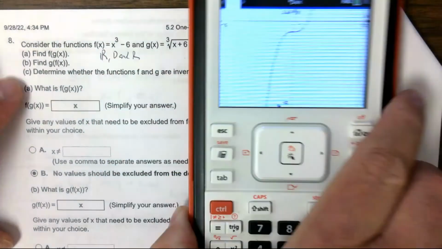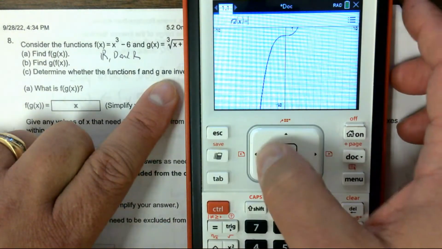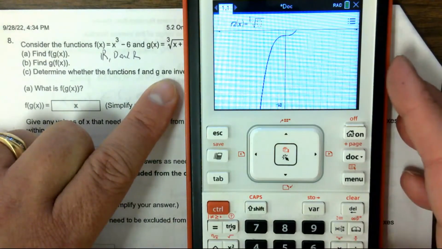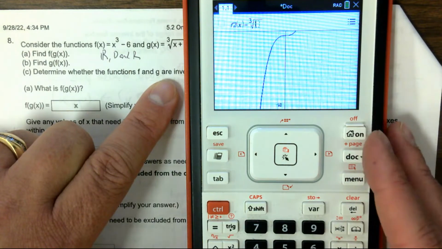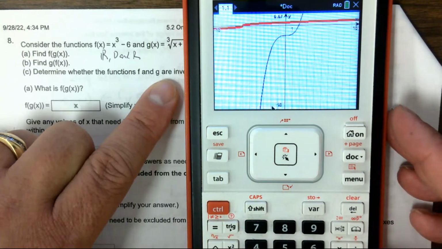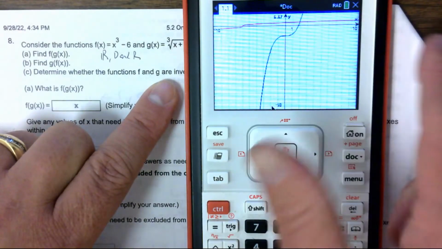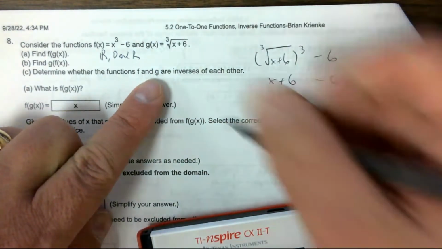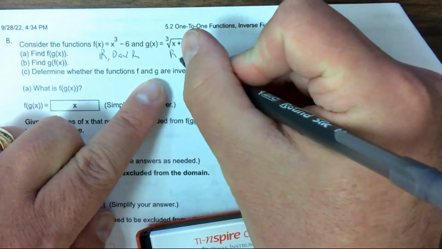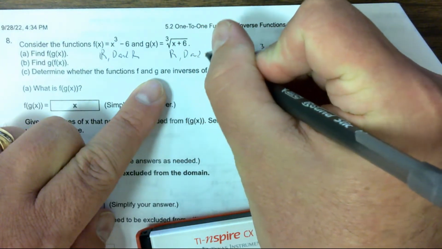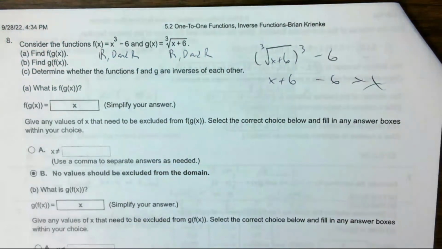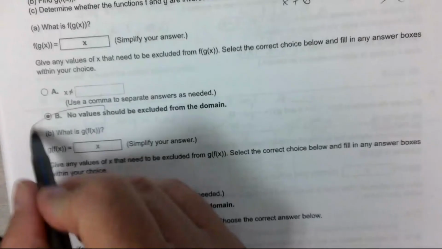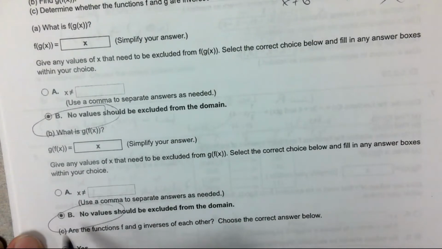And then on this other part, if we did the third root or cube root of x plus 6, that's going to look like that, which again we'd say all reals for your domain and range. And so that's why on these parts it should say no values excluded.